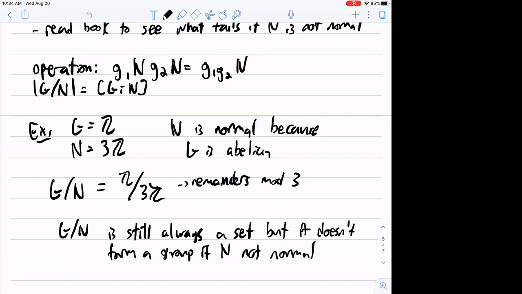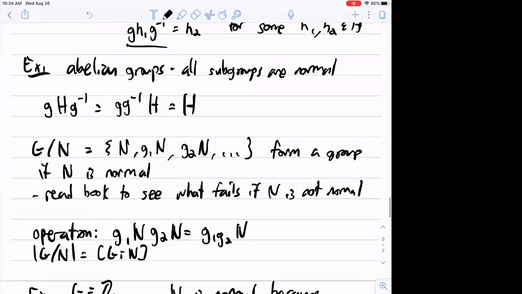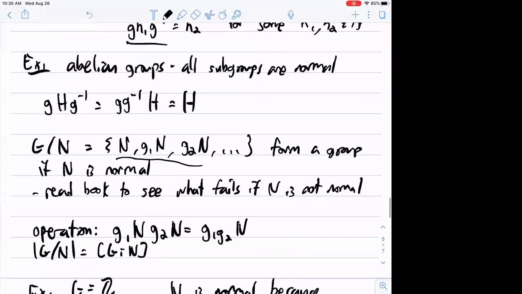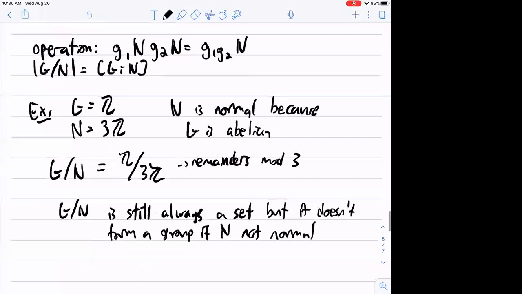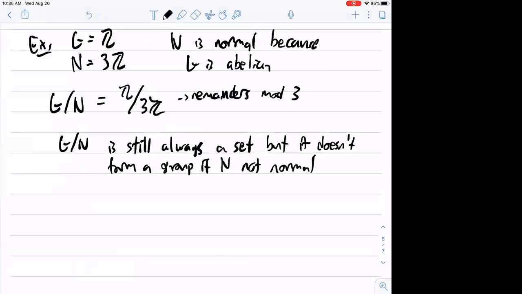Normality is what makes it a group. G mod N still makes perfect sense as sets, the set of elements given by these cosets, but in order to define a group operation and make it a group, you need normality.